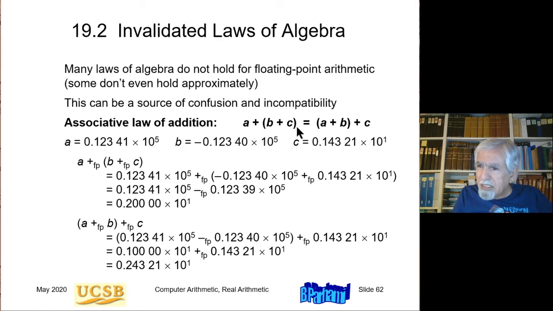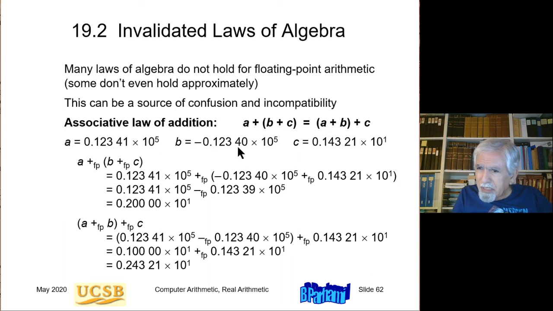So if A, B, and C are floating point numbers, you can get vastly different results if you first add A to B and then add C versus first adding B to C and then adding A. And this example basically shows why. Let's take three specific numbers, A, B, and C. Notice that A and B are fairly large in magnitude.